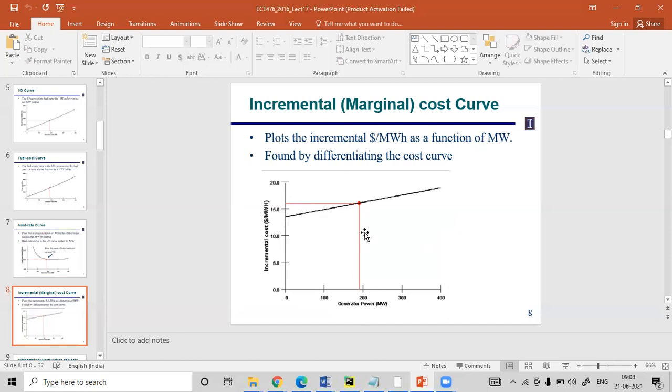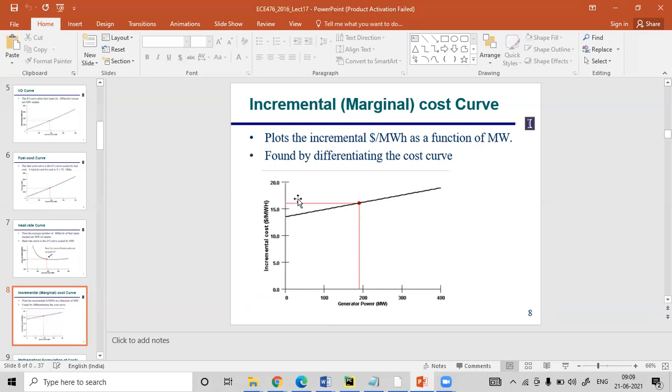Hence, when you decide the tariff for the power or the electricity, this constant cost must be recovered from the customer, and this factor plays a major role in deciding the tariff or the cost function of the electricity to the consumer.